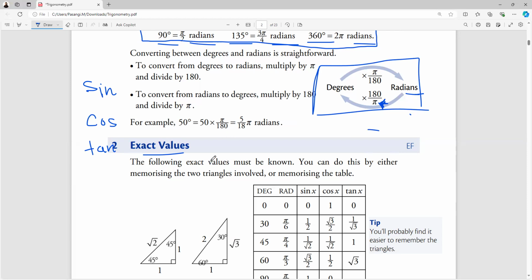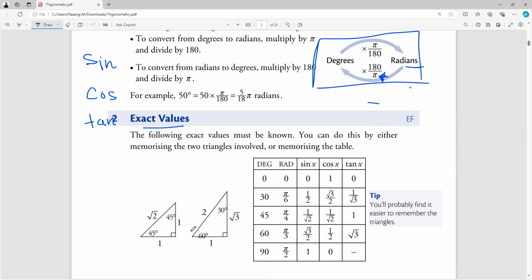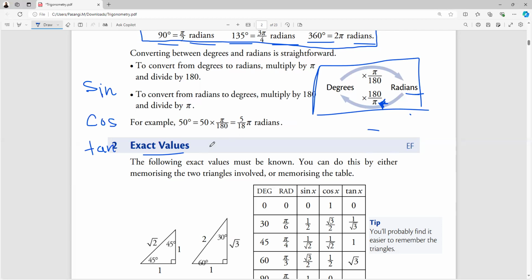Now let's assume this is the angle. In O levels also we have learned about these three. Sine means opposite divided by hypotenuse. Let's assume we have a right angle triangle like this, with angle theta.